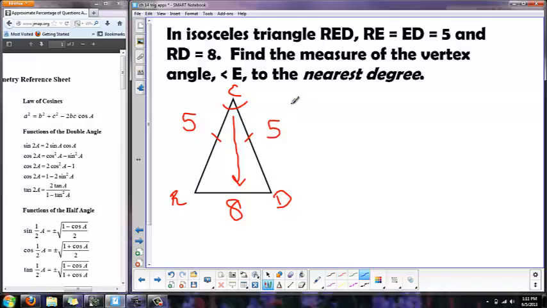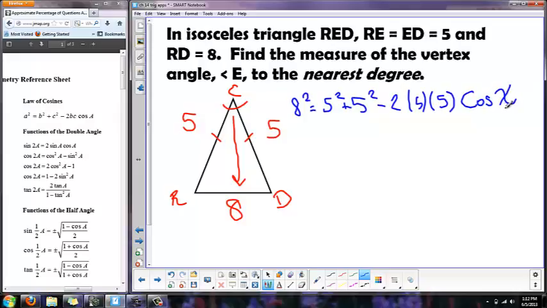Okay? So 8 squared is equal to 5 squared plus 5 squared minus 2 times 5 times 5 cosine of E, or X, it doesn't matter what you call it, cosine of the missing angle.